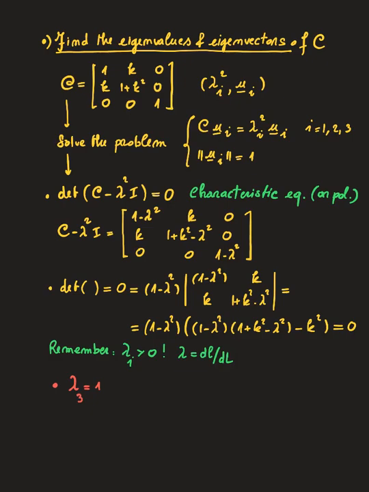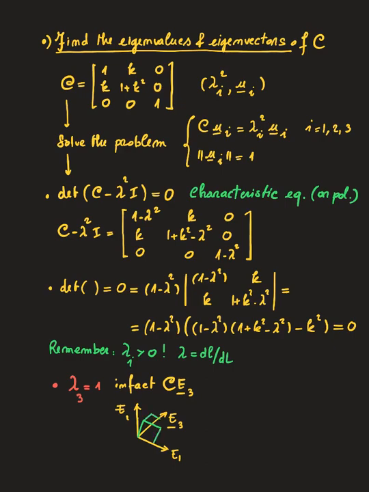Why? Let me take the tensor C and apply it to the direction E3. Don't forget that E3 is precisely the direction in the thickness of the block. So there is E1, E2, and E3. The block is being sheared in the direction of E2. Essentially, it's being deformed in this way.